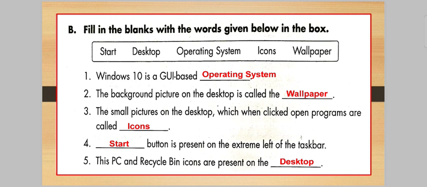Next is, the start button is present on the extreme left of the taskbar. Next is, This PC and Recycle Bin icons are present on the desktop. So these are the fill in the blanks from this chapter.